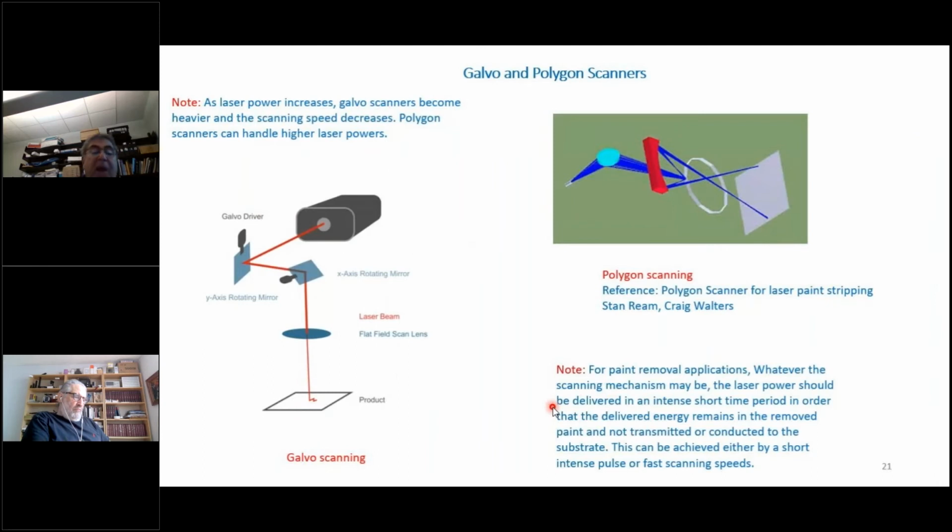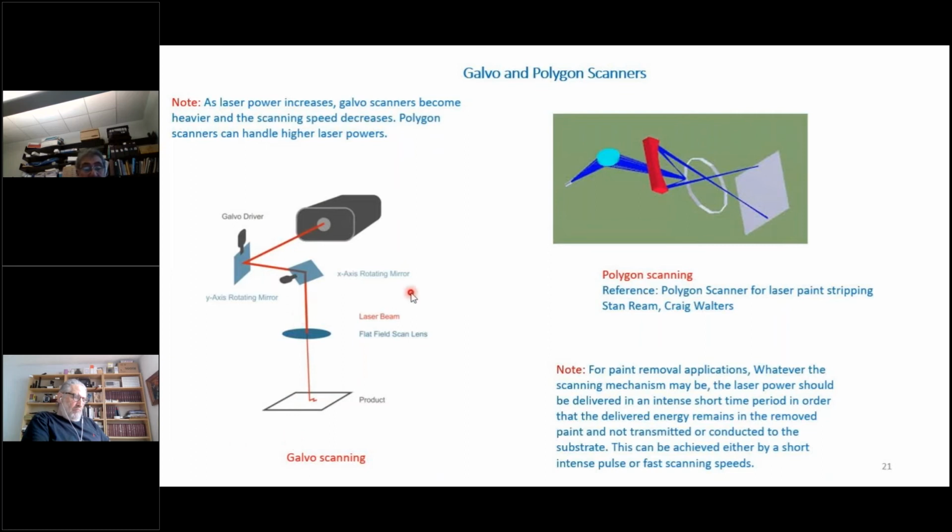And now, another point is about different types of scanners. You have Galvo and Polygon scanners. So normally in most of our lasers, we use Galvo scanners that have two mirrors. One of them is stationary and the other one is rotating and generating a pattern.